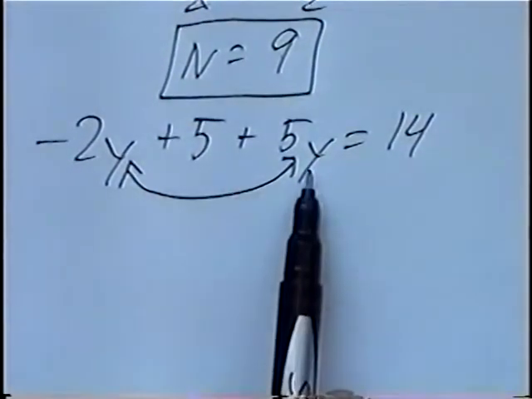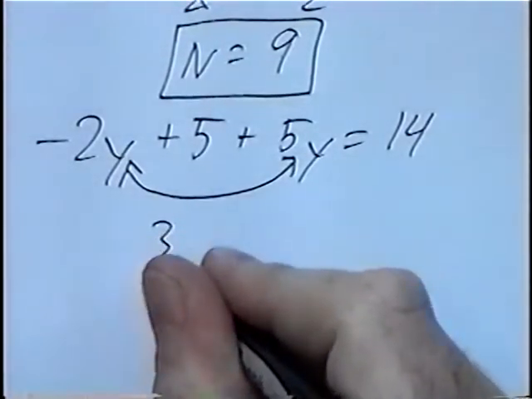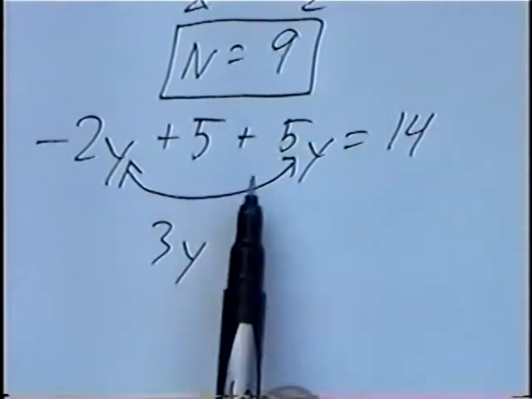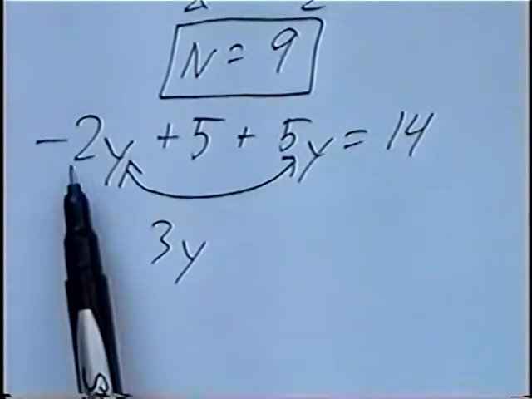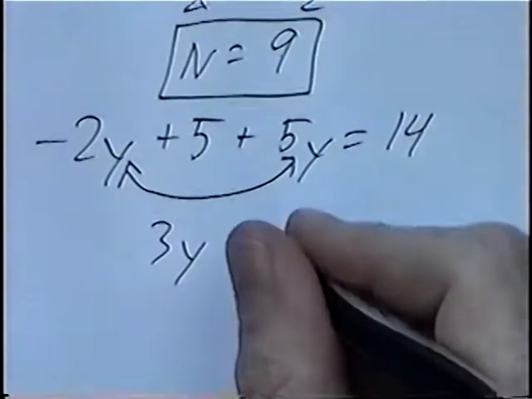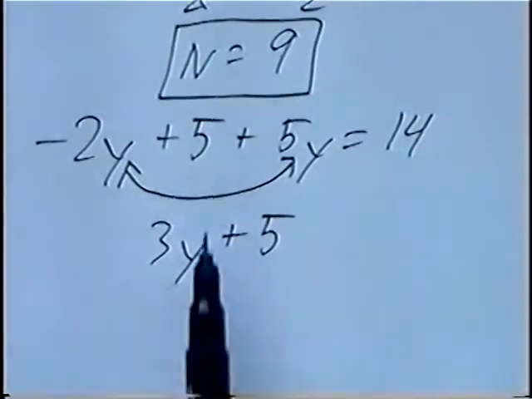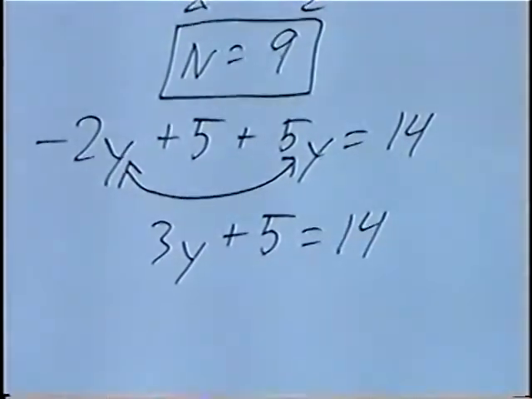Negative 2y plus 5y would be 3y. Negative 2 plus 5 is different signs, so we'll subtract 5 minus 2, which would be 3. The 5 is bigger, so it's a positive 3. The plus 5 stays the same and equals 14.